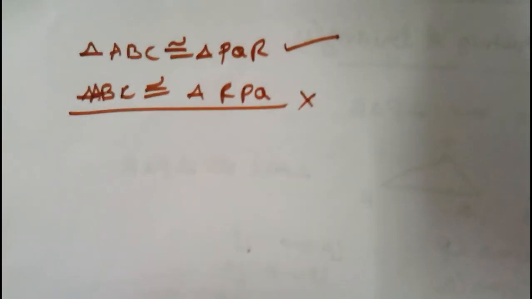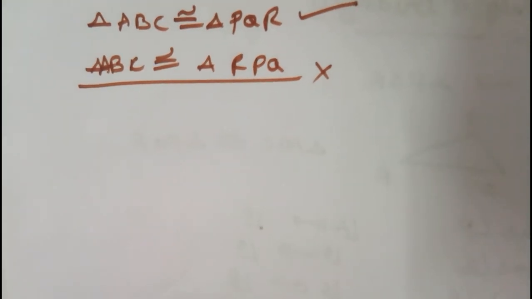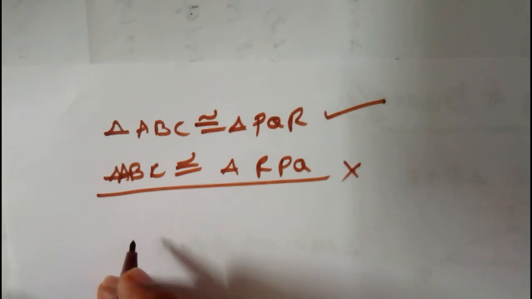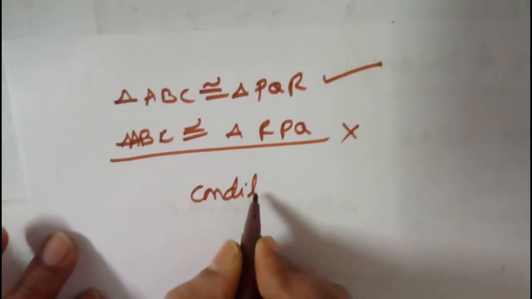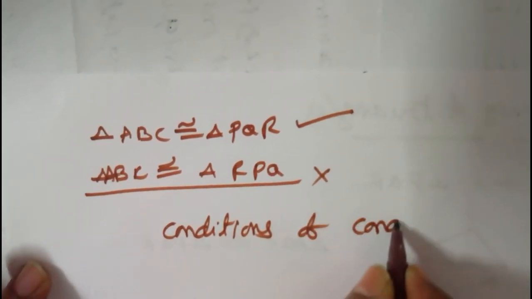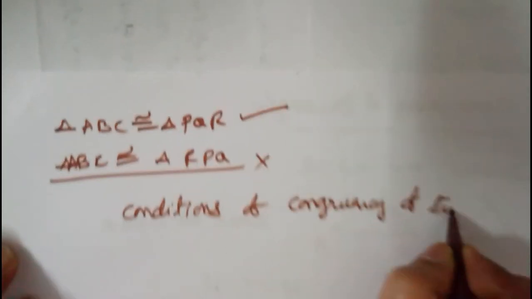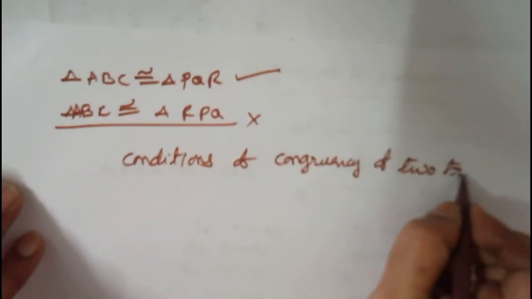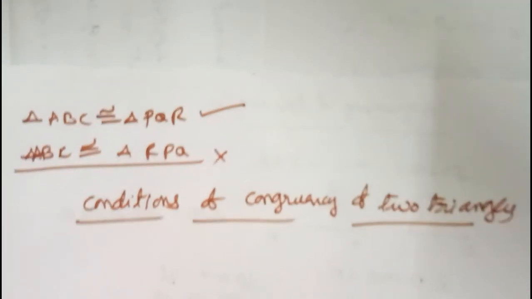Now in earlier classes you have learnt 4 criteria for congruence of triangles. Let us recall them. Conditions of congruence of two triangles. How many conditions are there?